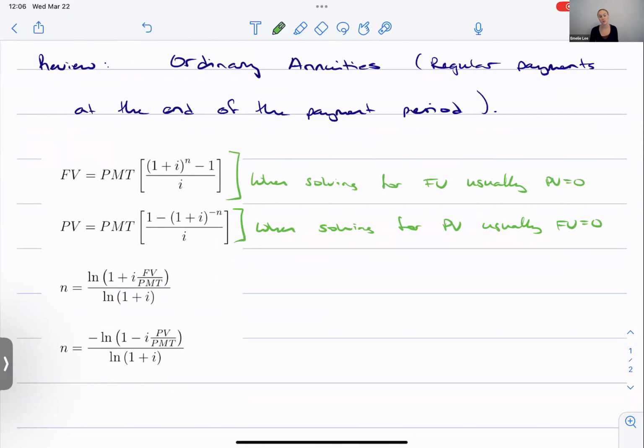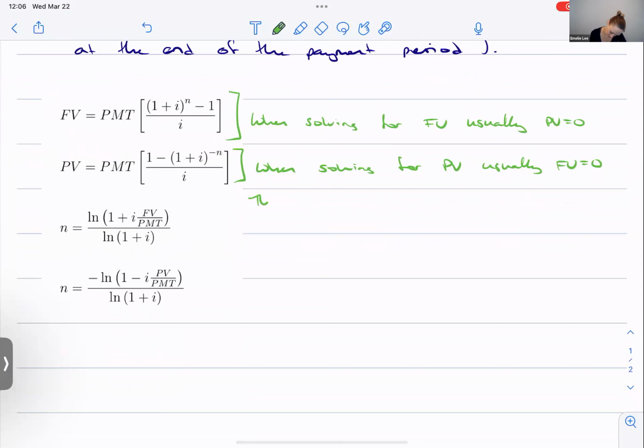And so that's why we need 2 different formulas. They're similar looking, but they definitely do opposite things.